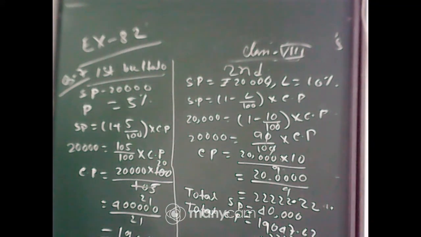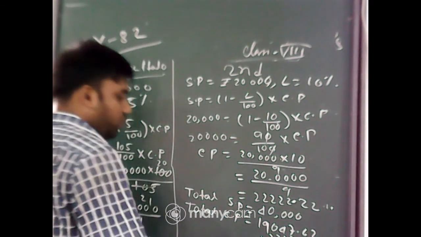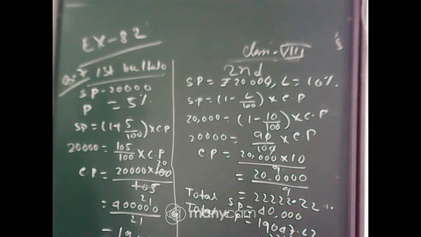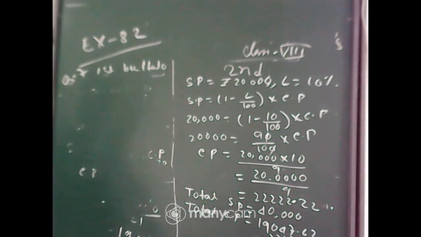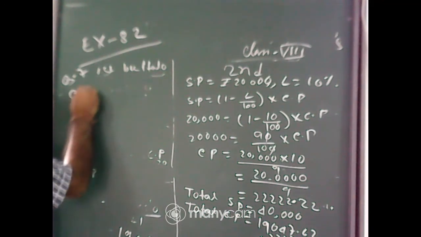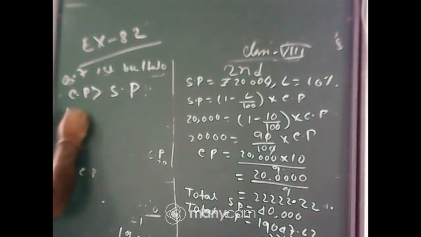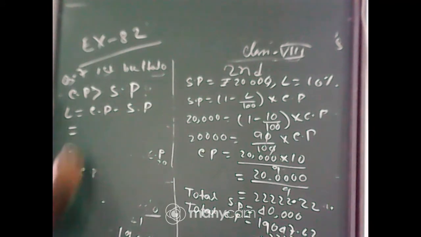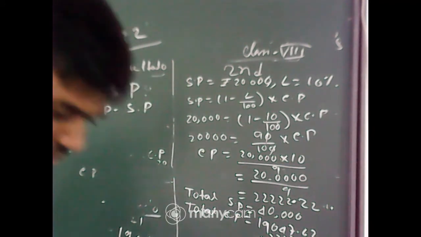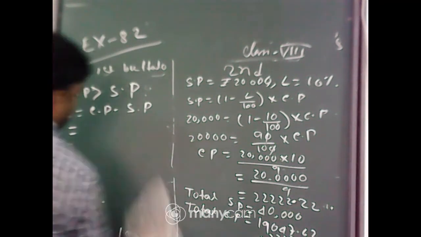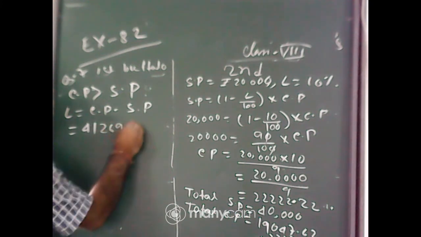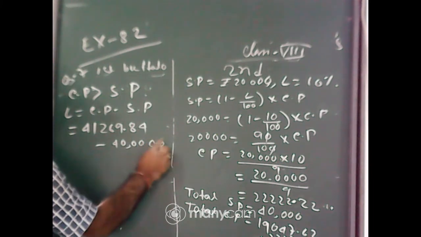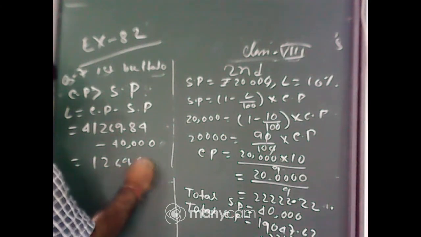Okay, so total CP equals 41,269.84. Now comparing CP and SP, here CP is greater than SP, so there is a loss. Loss equals CP minus SP, that is 41,269.84 minus 40,000. That is the answer.